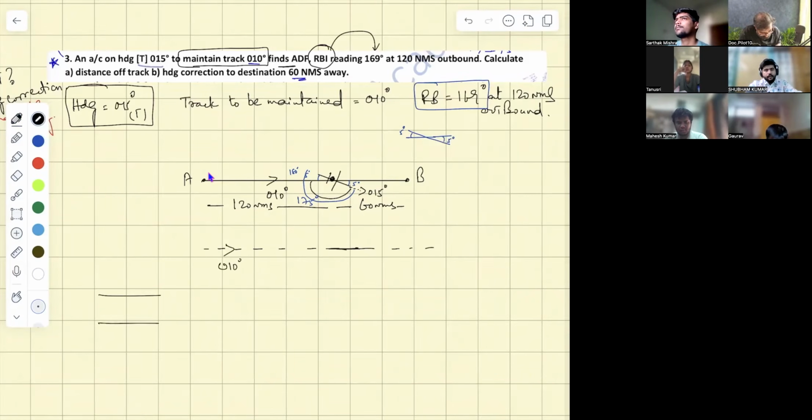If I draw two lines, if this is 010, this is also 010, no? So on this, the aircraft, if you assume like this, and you join A and the aircraft, will this be less than 175 or will it be more than 175?